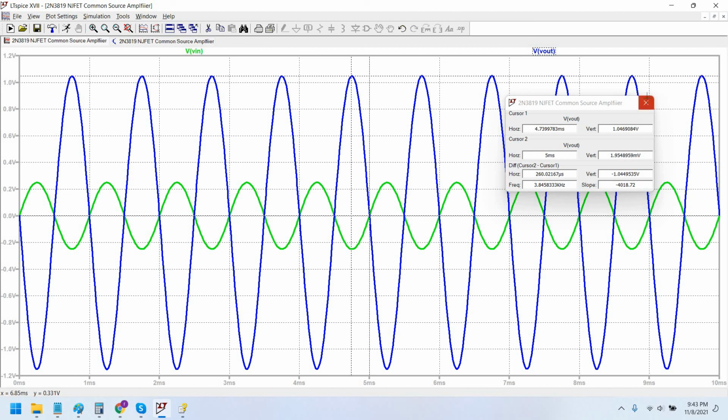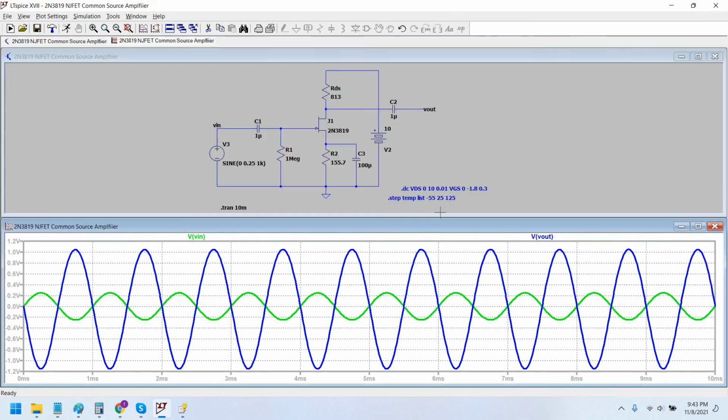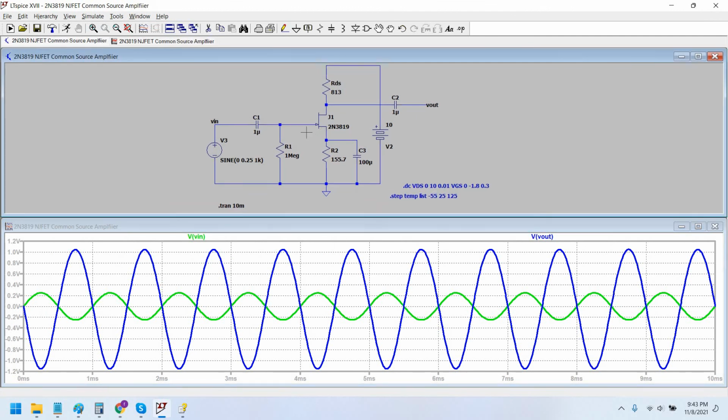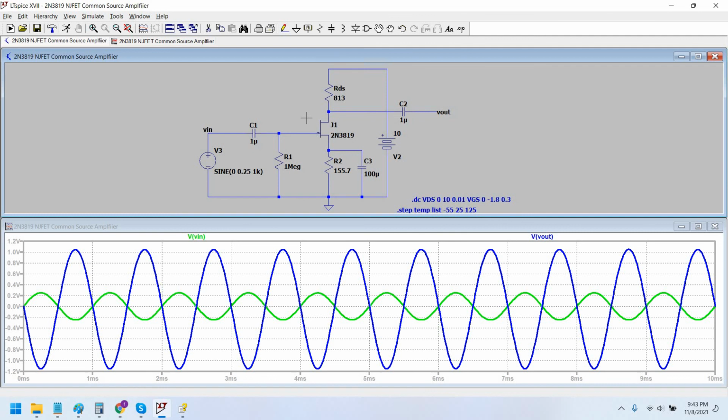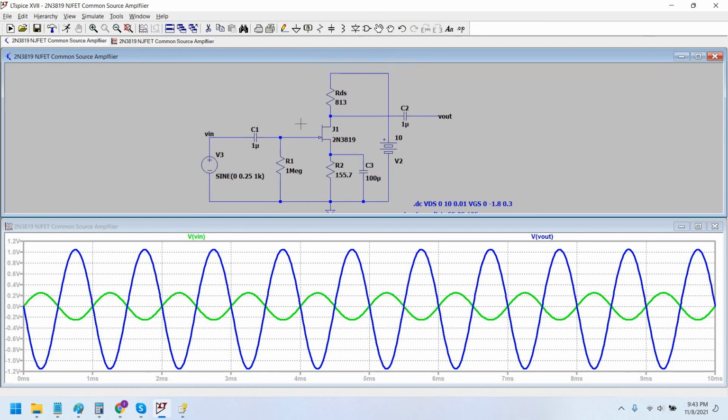Okay, so this is the common source self-bias configuration of the FET 2N3819 transistor amplifier.